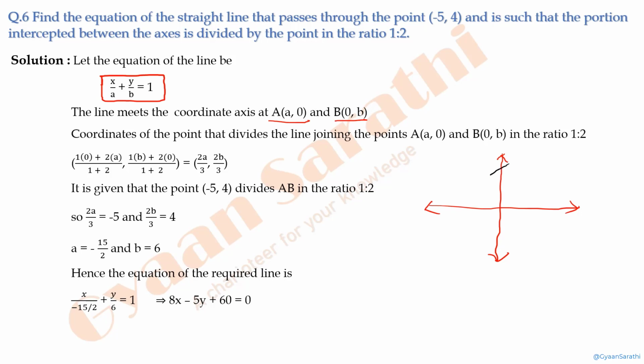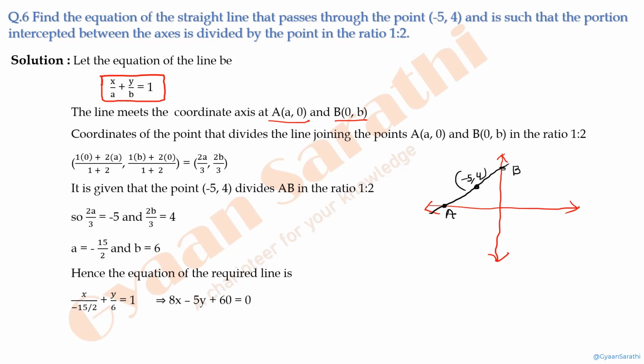We have the line like this, and this is a and this point is b, and the point (minus 5, 4) is lying on this line AB. Now what are we trying to do? We are trying to find the coordinates of the point that divides the line joining AB in the ratio 1:2.